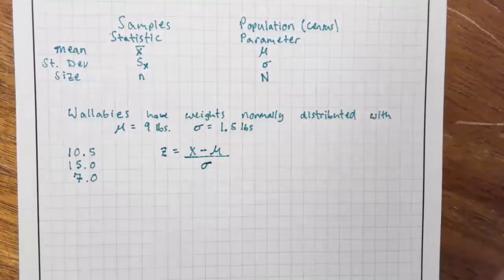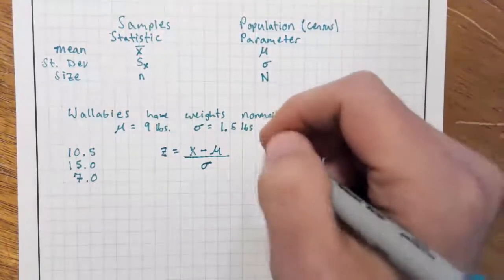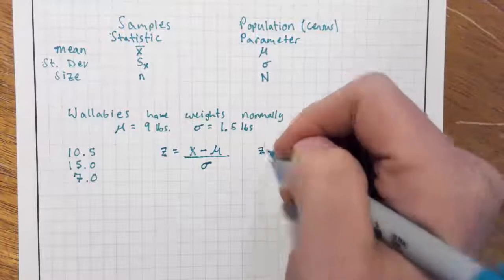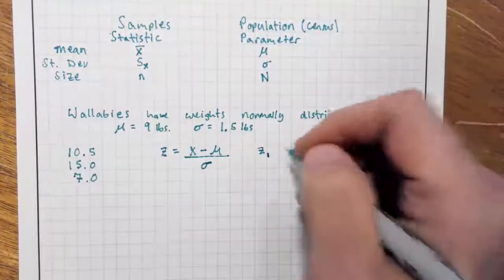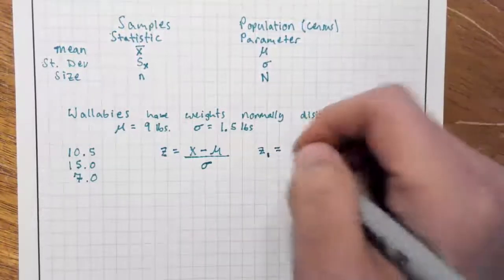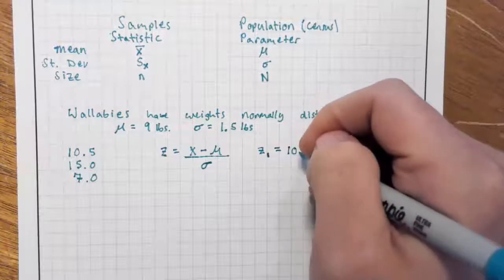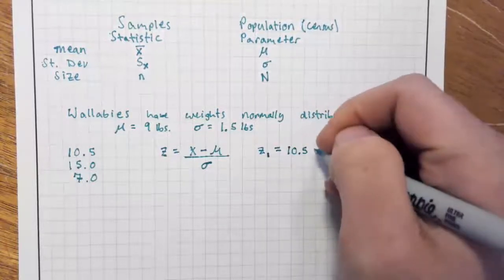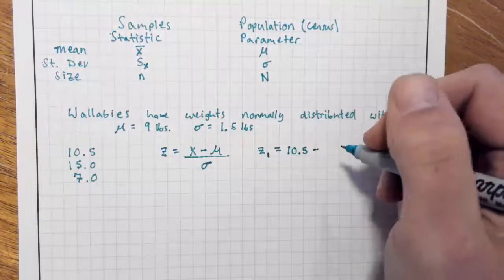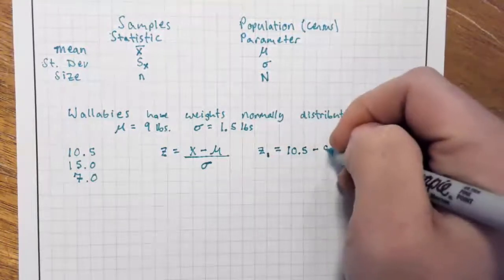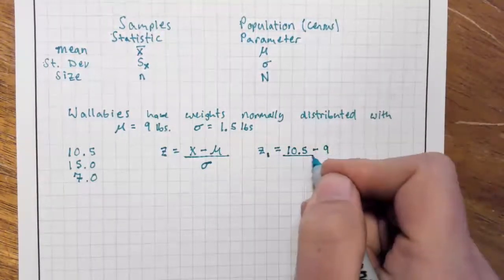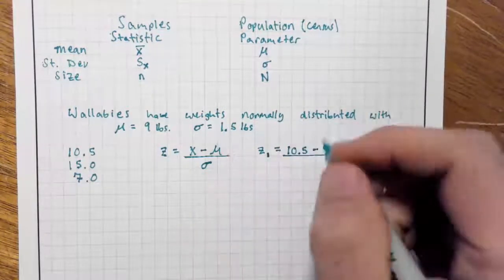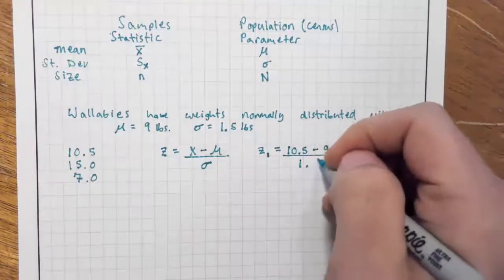Okay, so let's do the first one, the z-score for our first wallaby, I'll call it z1. His observed weight is 10.5 pounds. We'll subtract the mean of 9 pounds, and we'll divide all of that by the standard deviation, 1.5.